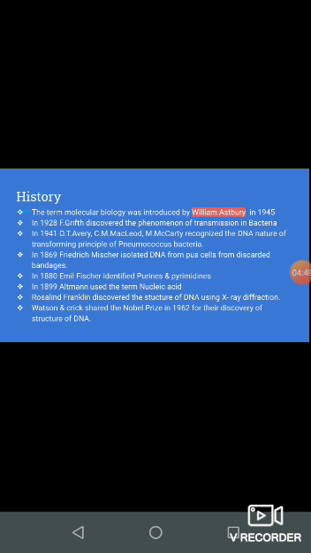In the second attempt, he injected live R bacterial cells into another mouse. The mouse stayed alive and could not express any disease symptoms.